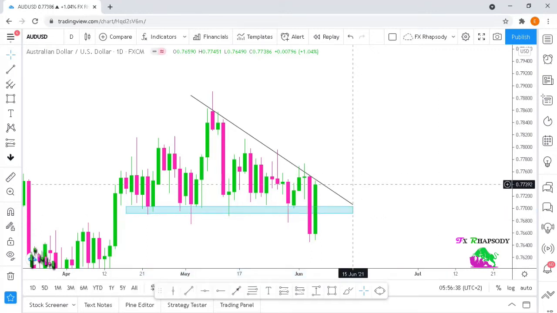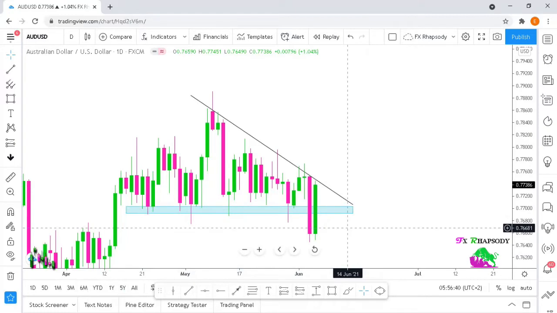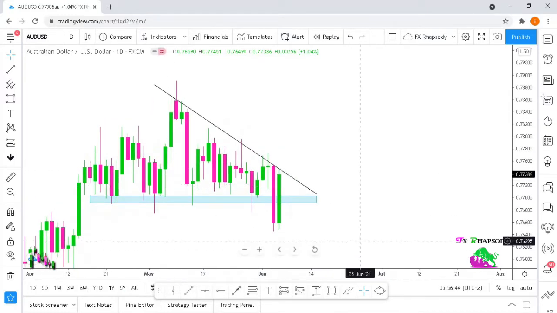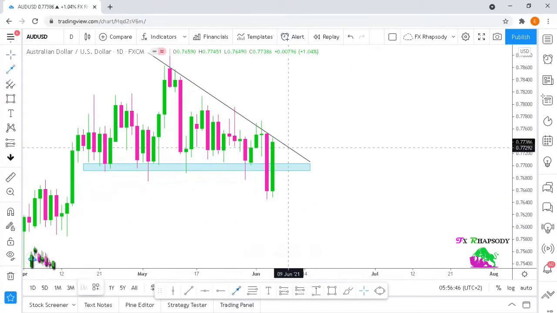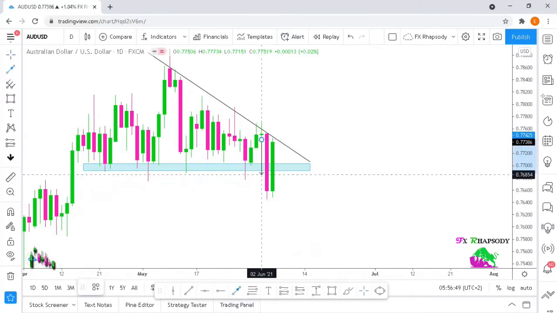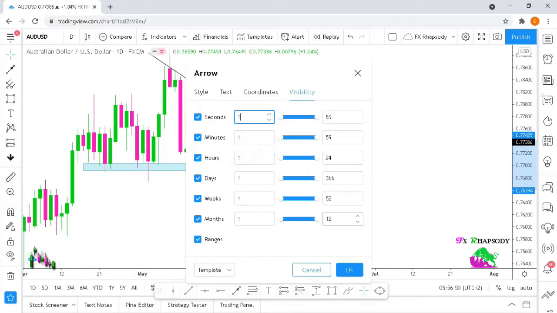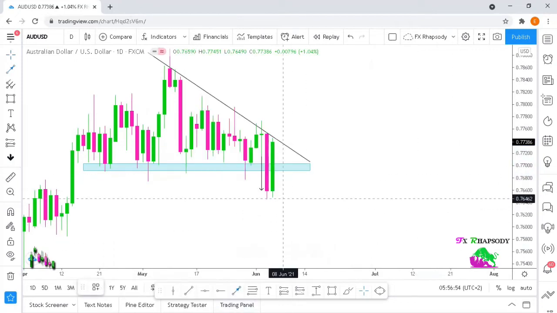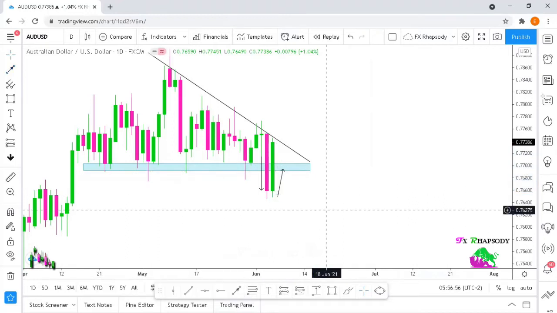So in a situation like this, what we wanted to see is this huge candle breaking outside, coming to retest that area before it goes down.